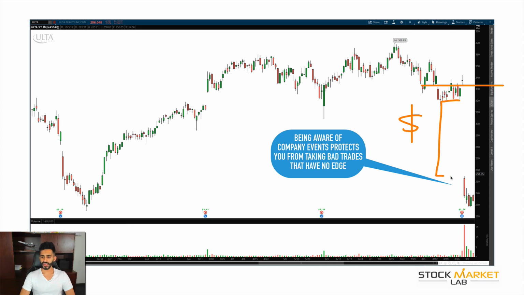So with that being said, if you don't have an edge, I don't recommend playing earnings, and it's simply very hard to have an edge on earnings in my opinion. Now, being aware of that, or being aware of any sort of event, is very, very important, because it saves you from taking on dumb trades. It helps you avoid trades that don't have high probability or don't even have a probability at all, right?